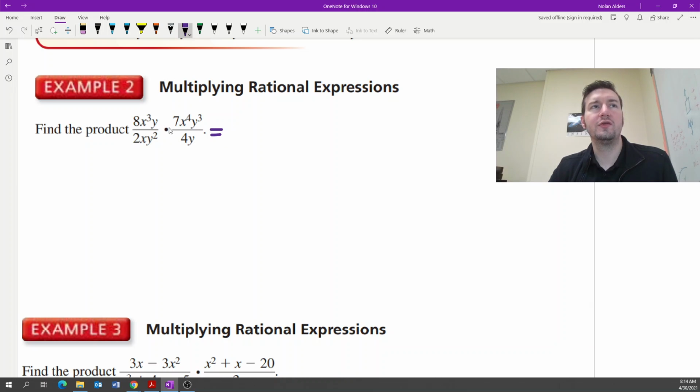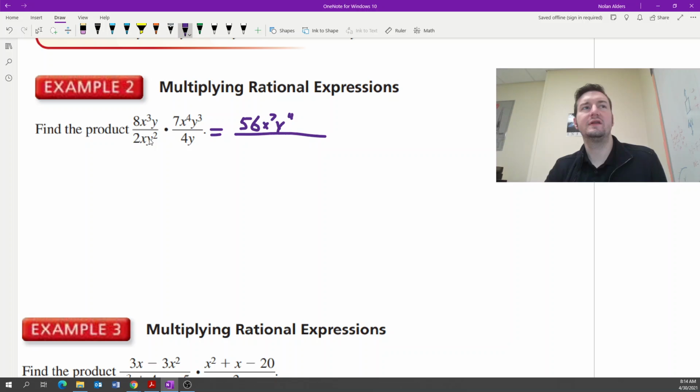You can multiply the coefficients, 8 times 7 to get 56. And with the exponents, remember when you multiply x's, you add the exponents. So x cubed times x to the 4th will give us x to the 7th. Y times y cubed will give us y to the 4th.